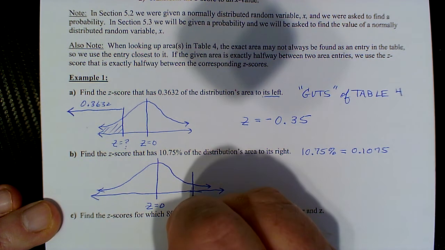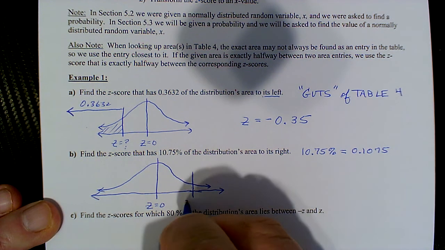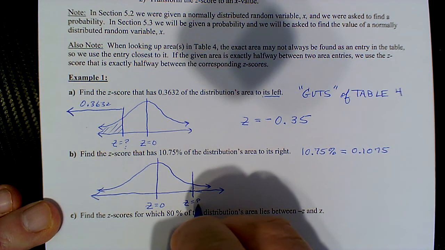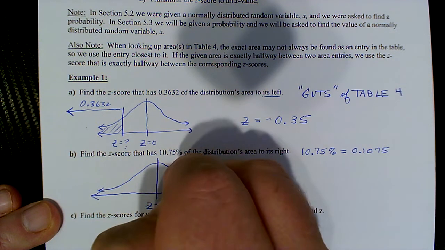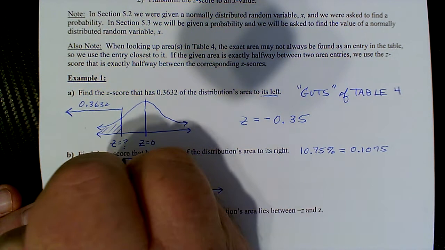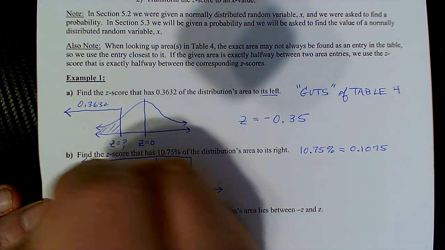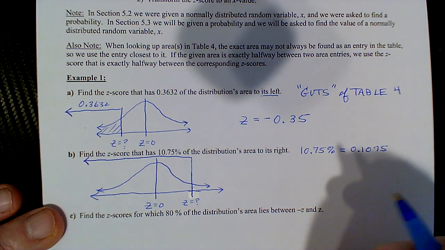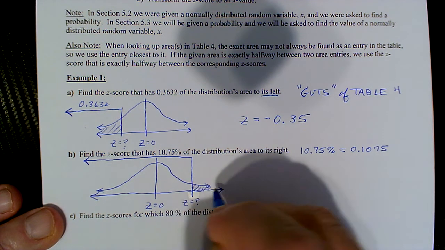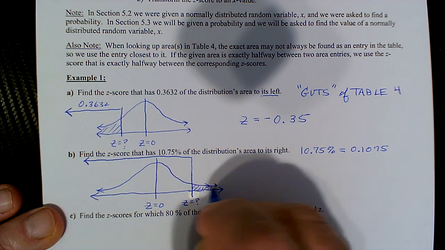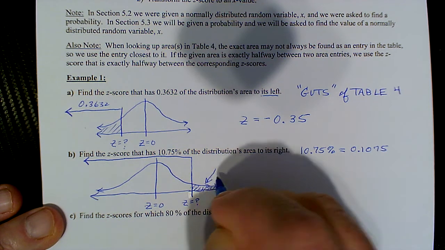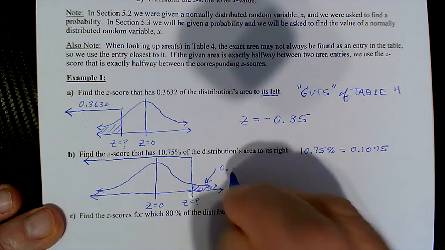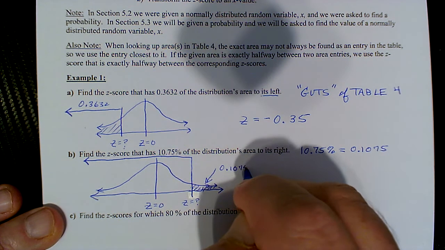So we're on the right-hand side, and that's the z-score we're looking for. And we have to calculate this left cumulative area, because that's the area we're looking up in the table. We're given that this area in here, our little right tail, is 0.1075.